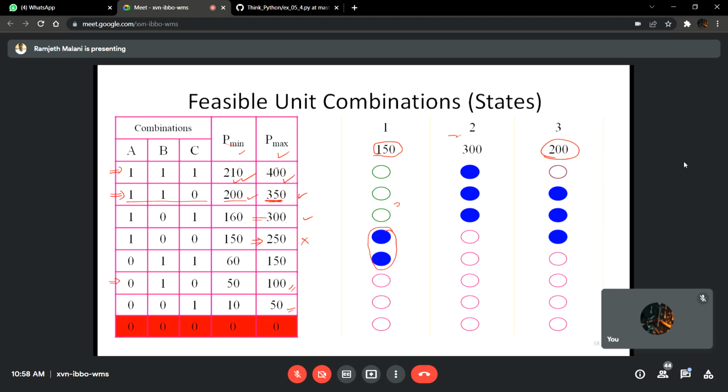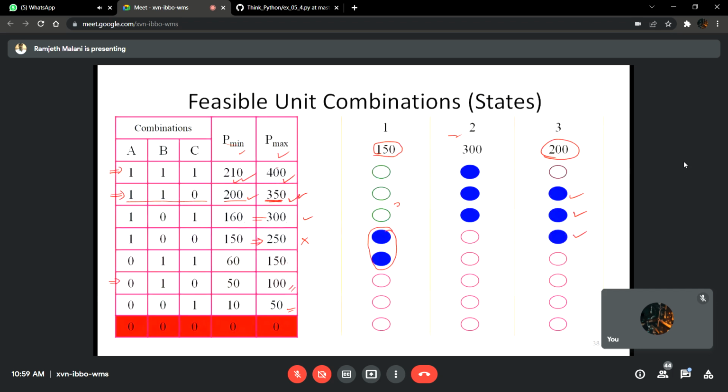Here the minimum is 200, maximum is 350, demand is 200, so this is a feasible state. 200 megawatt is within 160 and 300, so this is a feasible state. And 200 megawatt is within 150 and 250 as well, so this is a feasible state.